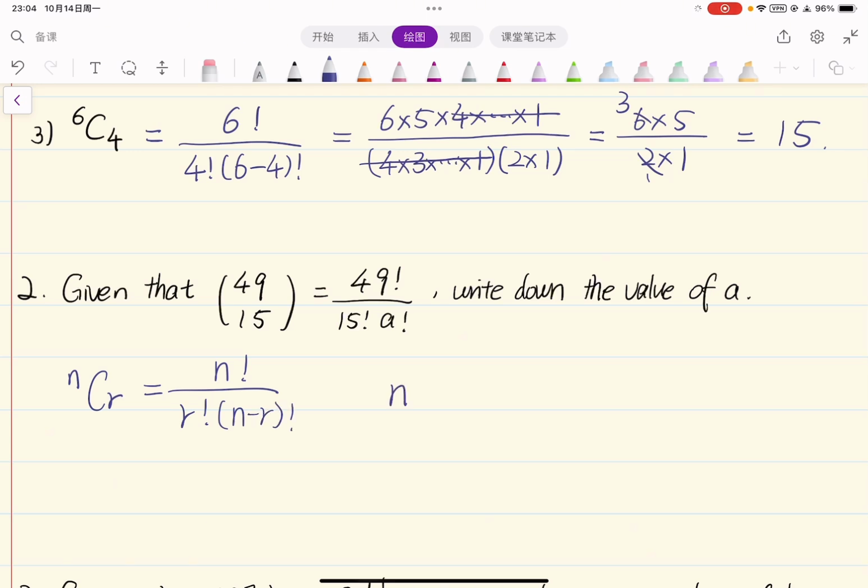We have n equals 49, r equals 15, and n minus r equals a. So a equals 49 minus 15, which equals 34. So we have found the value of a.